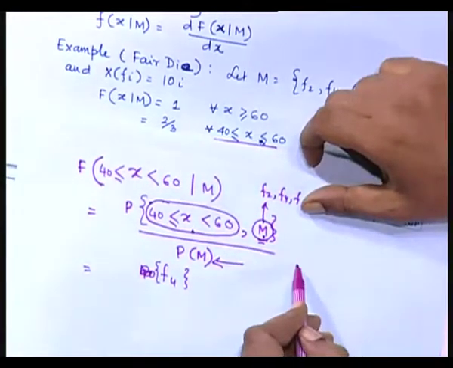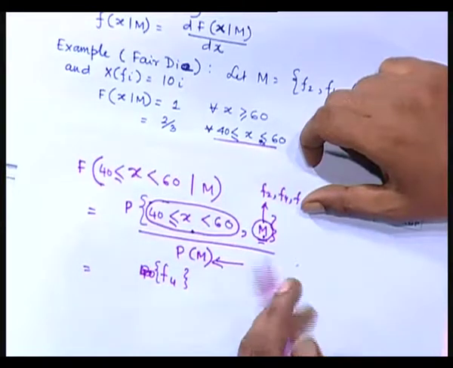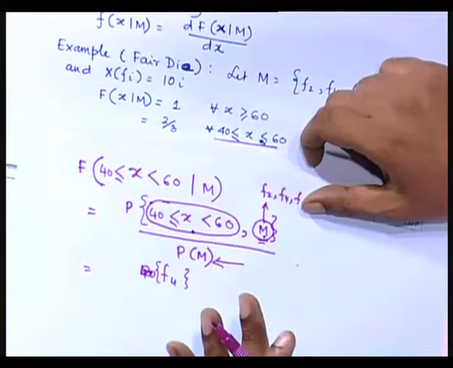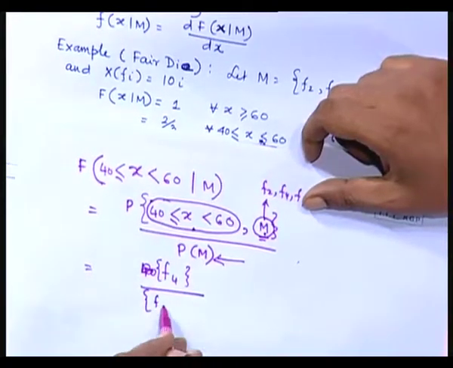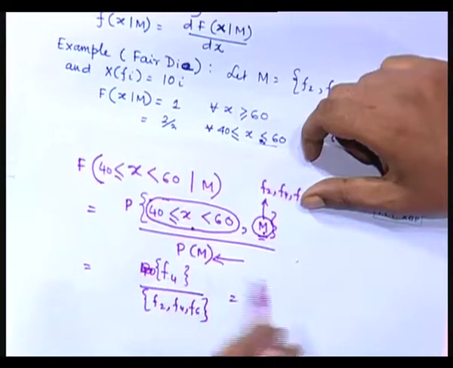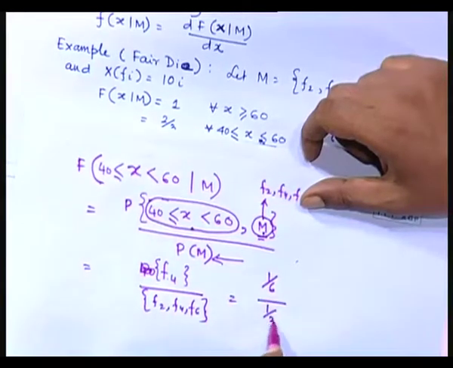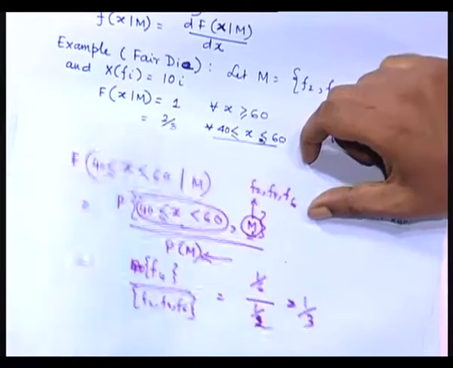And what is the probability of m? It is half, because if you assume a fair die, then it is half. So it is, because this is f2, f4 and f6. So this one will be 1 by 6 divided by 1 by 3, 1 by 2. So it is 1 by 3. I have written wrongly.